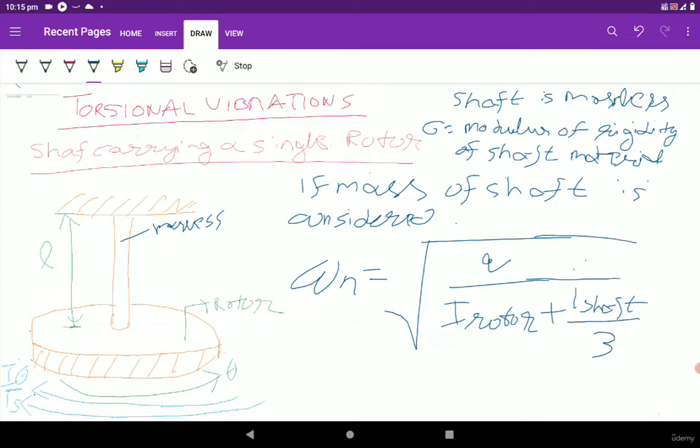So this is the condition when the mass of the shaft is also considered in the given problem.